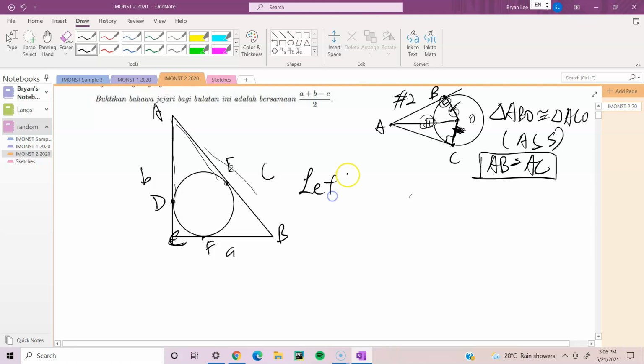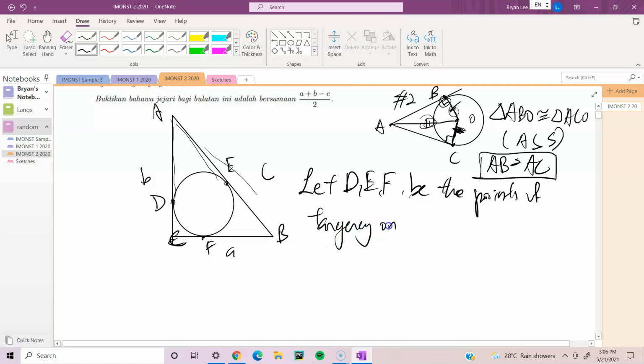So let D, E, F be the points of tangency on B, C, A respectively. Does not matter, you can change the position of D, E, F. It's not important.